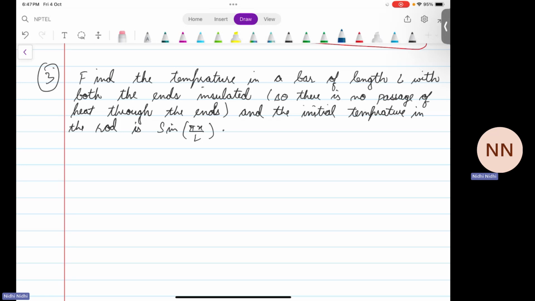We need to convert this into a numerical problem. So we need to find the temperature.